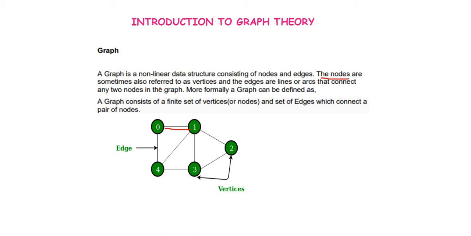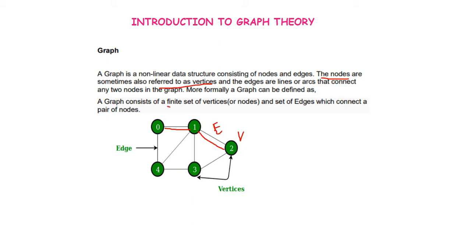Nodes are sometimes also referred to as vertices, so the numbering 0, 1, 2, 3, 4 are nothing but your vertices, and the edges are the lines or arcs that connect any nodes.